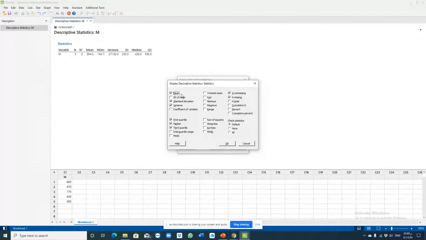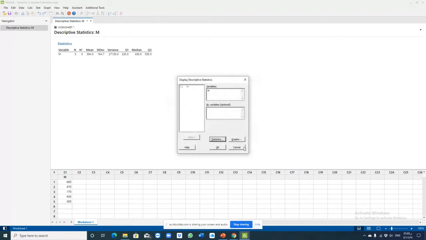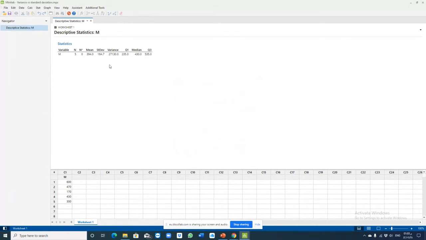In my case, I chose only the mean, standard deviation, and variance, because I wanted to focus on those only. And the results are here. So the mean is 394. I believe most of you know what the mean is, because this is commonly used even if it is not related to quality control or statistics.